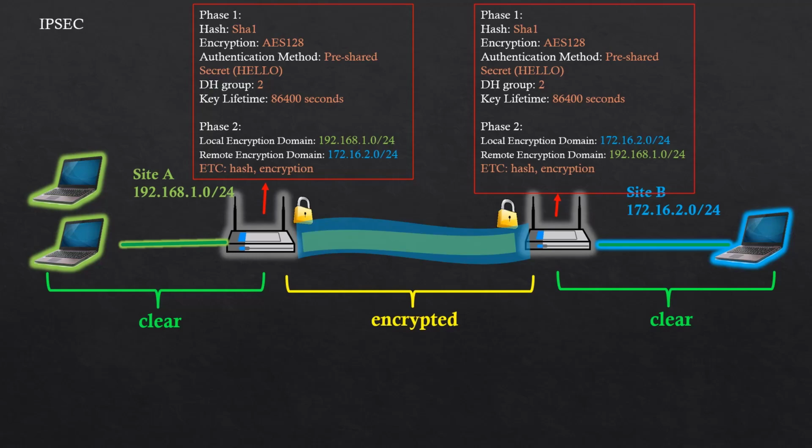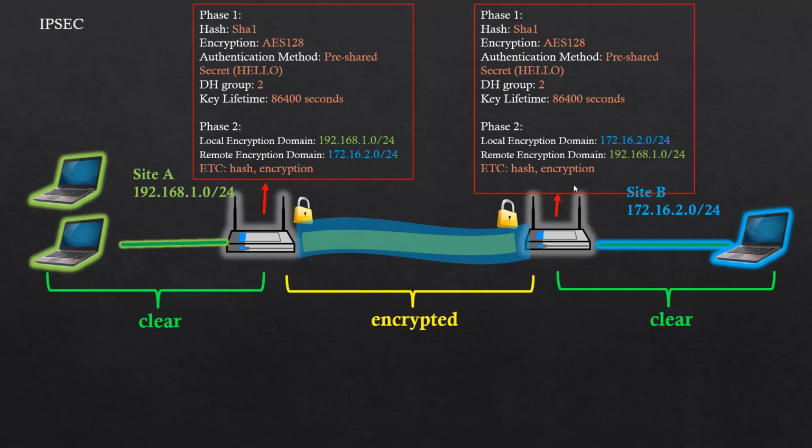As for phase number 2, on my A device, the device to the left, I specify my local domain as 192.168.1.0, which is site A domain. And the remote encryption domain, I enable 172.16.2.0, which is located right here remotely on the remote side.